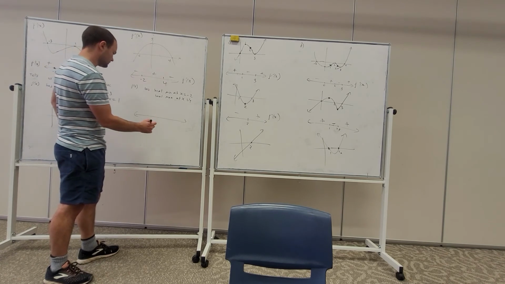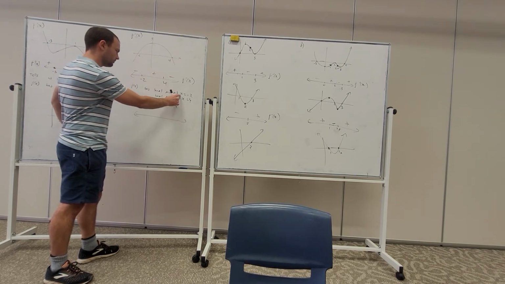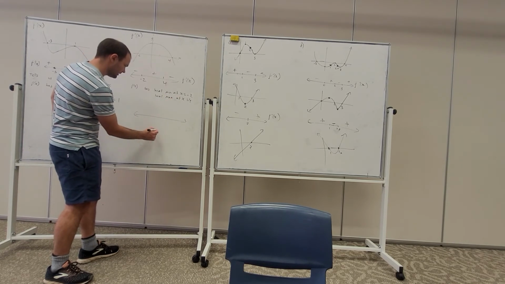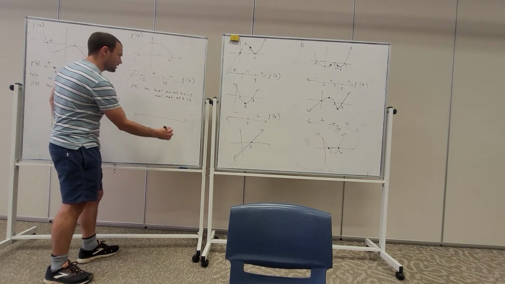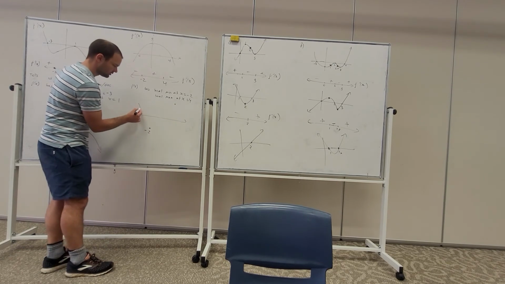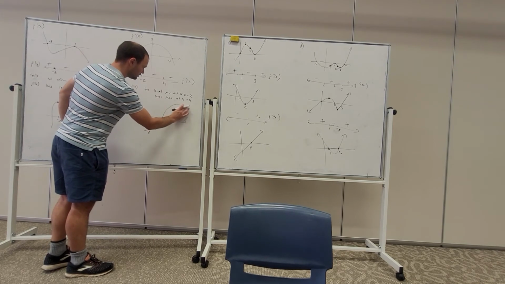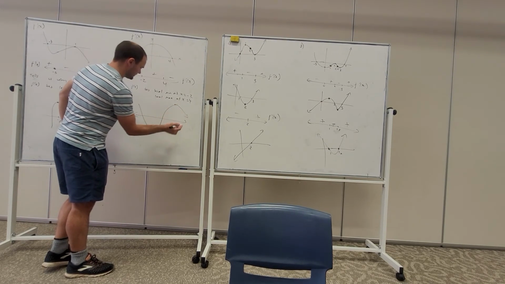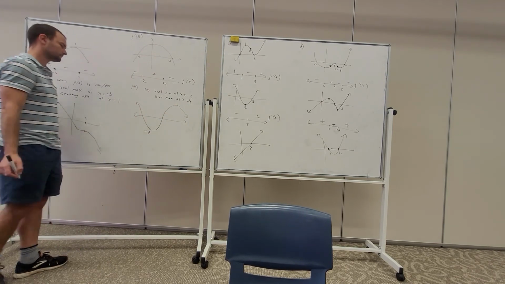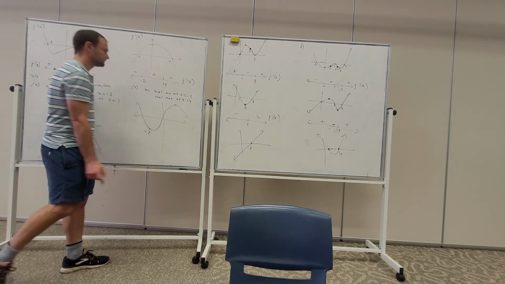We've got local min at minus 2, so that's going to be here-ish. And then local max at 4, that's going to be here-ish. That's a max, so that means it's going back down after that. And y-axis is here somewhere.